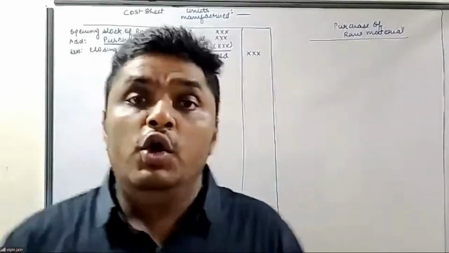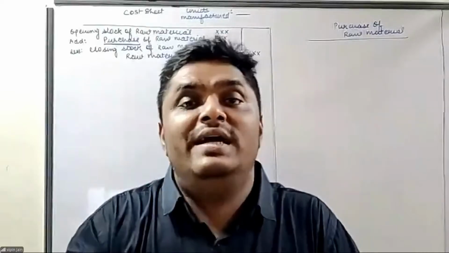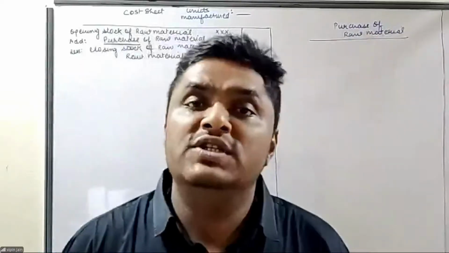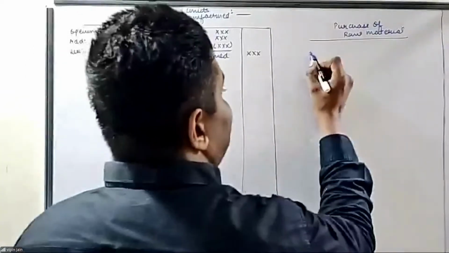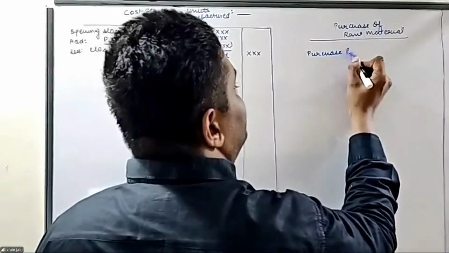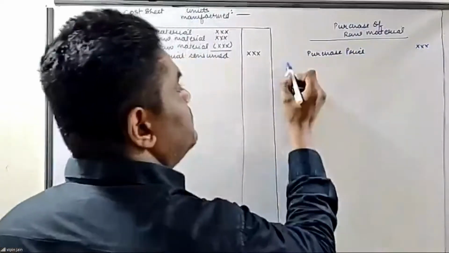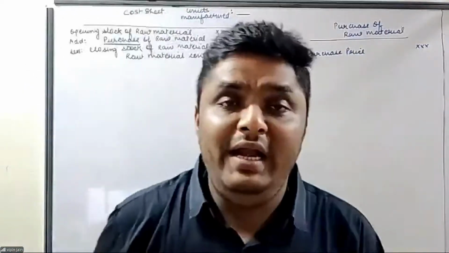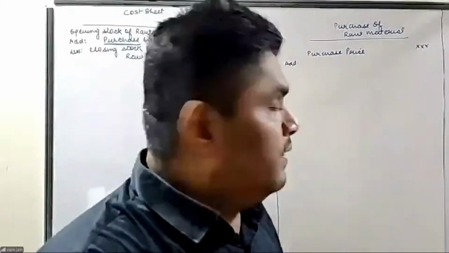I repeat again, not only the price paid to the supplier, but the expenses incurred till the factory gate will be included in the purchase price of raw material. So let's say the purchase price paid to the supplier, and to this we will add the costs incurred till the factory gate.